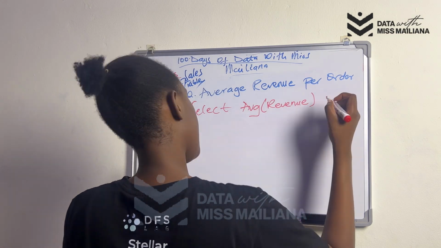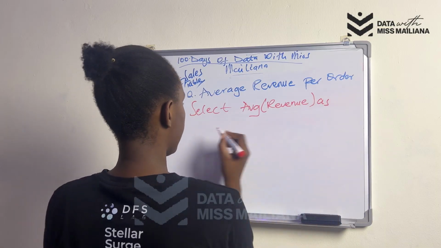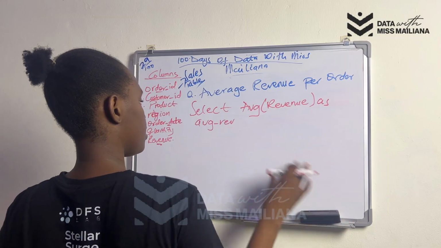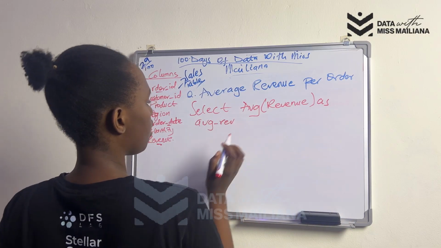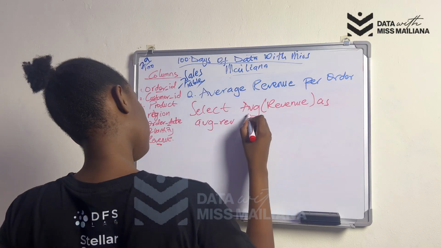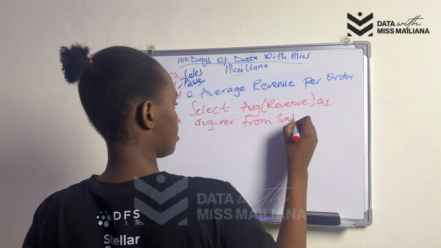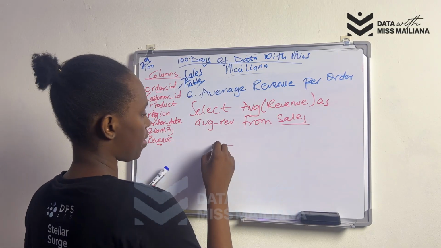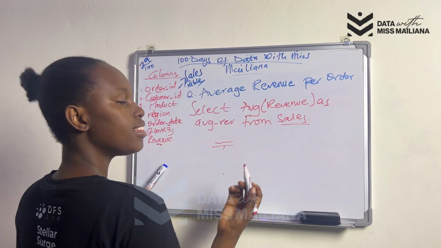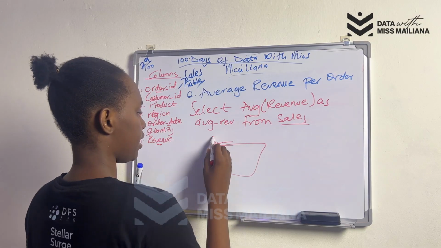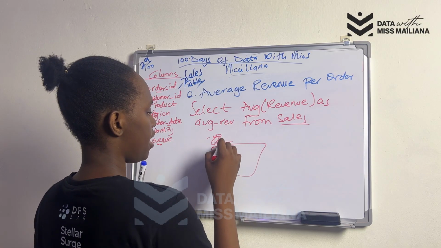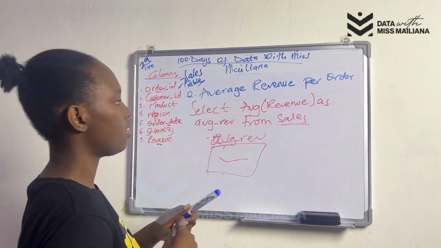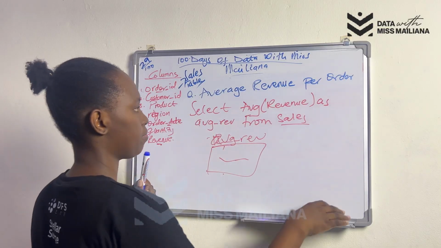Then we name it as average_revenue, from the sales table. This is going to give us the number for average revenue, and you will see the column name and then the number on the display. So this is also another query.